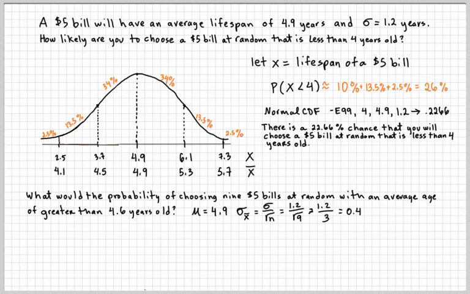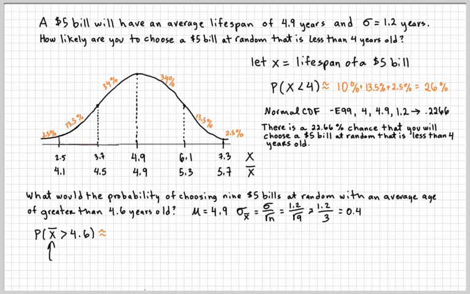But for right now, the random variable is for groups. One of the properties of these groups is the mean, the sample mean. And the sample mean and the mean are the same in this case. Okay, now what do we want? It says an average age of greater than 4.6.